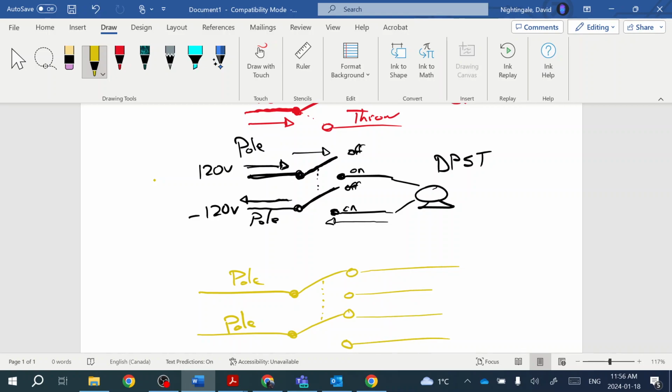And so when we flip our switch, it can make contact with one conductor. And when we switch it, both of these are then going to contact another set of conductors.